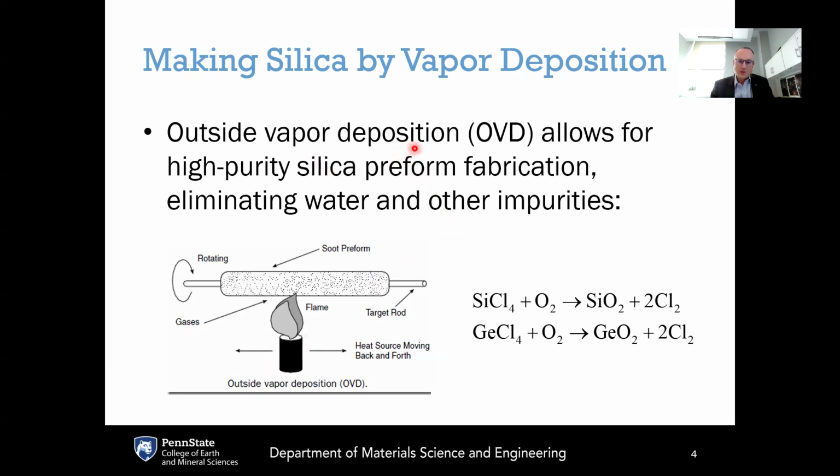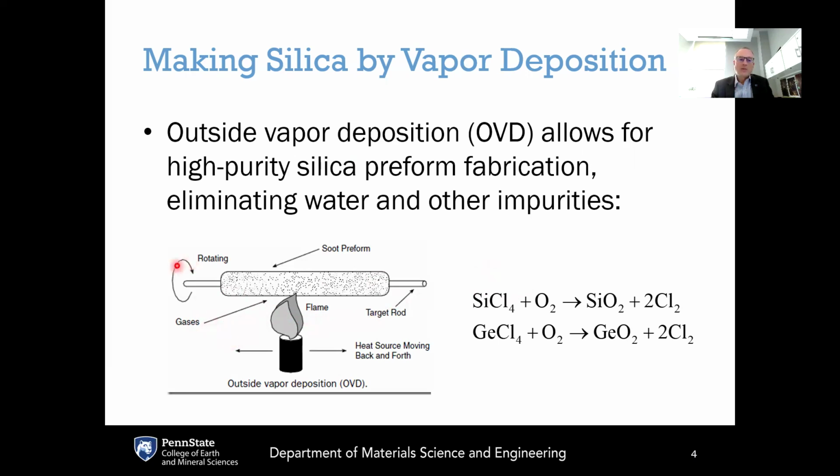the outside vapor deposition process, which was invented at Corning Glassworks starting in the 1960s, involves starting with a target rod. Usually this is a silica rod that has already been made. This silica rod is put in the atmosphere-controlled environment, and then two gases get fed into a flame that goes back and forth along the longitudinal direction of the rod.